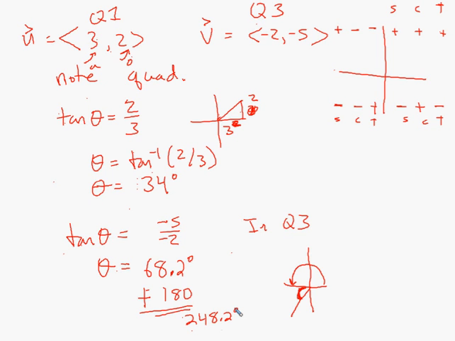Okay? Now, I'm fairly confident that when your book shows you how to do directions with these, it does not use tangent, it uses sine or cosine. And all they're doing is they're trying to eliminate some of this adding of 180, but I think it's just as easy to remember your quadrants and use tangent to find your angles.